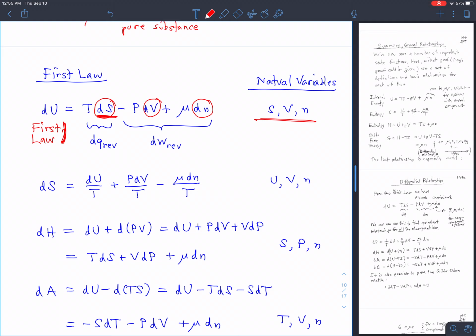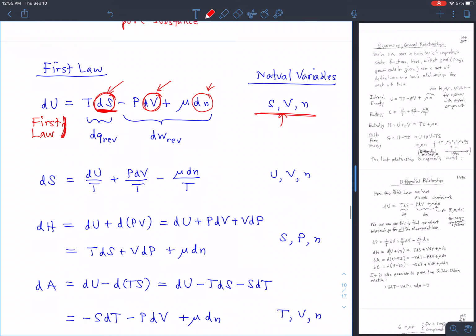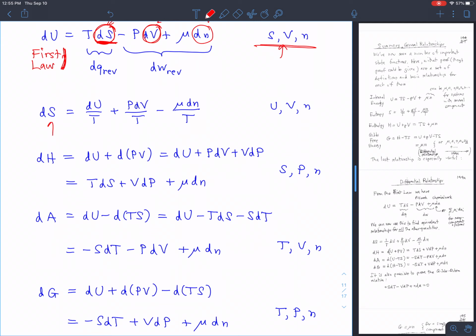And looking at the first law, we can see what those natural variables are. They're going to be entropy, volume, and mole numbers, and here they are. Likewise, for entropy itself, I can pick off what the natural variables are by looking for the differentials, and those are energy, volume, and mole numbers.